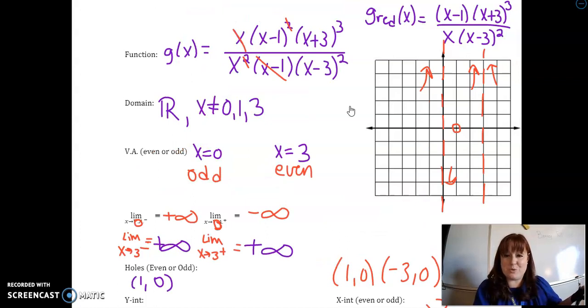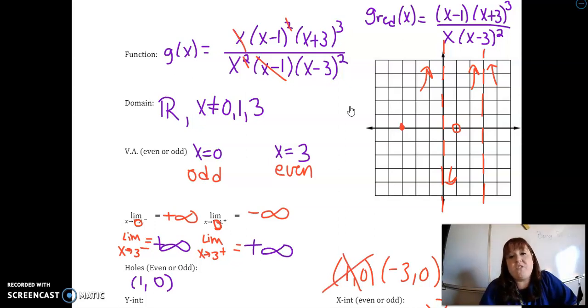Even though it was reduced out, it's still got that extra one there, so it's still a hole. We still don't graph it. It doesn't exist, because that would still create a problem in our function. And then at negative 3, this one's actually not an x-intercept because it's a hole. If there's a hole where we think there's supposed to be an x-intercept, it's just not an x-intercept. It's just a hole. Okay.